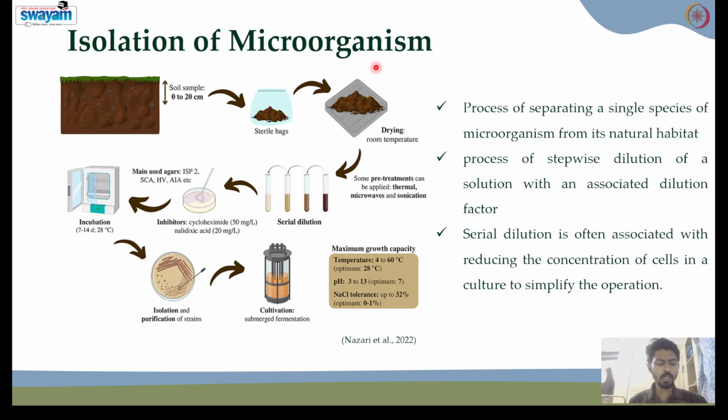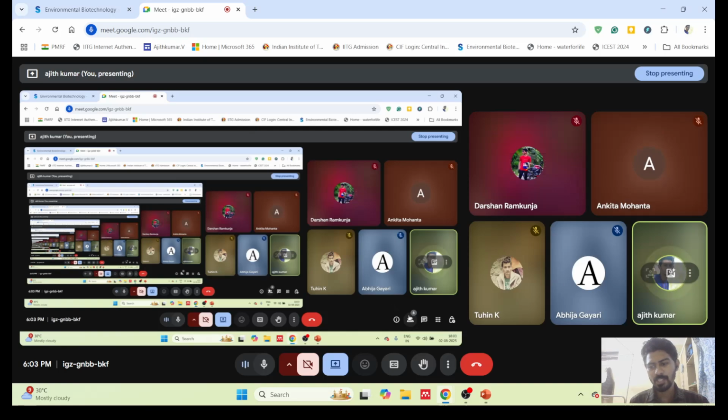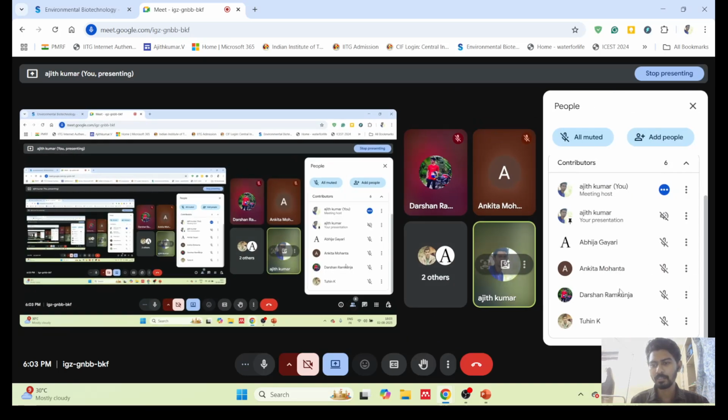So, anyone, what do you mean by isolation? Isolation of microorganism means, anyone?